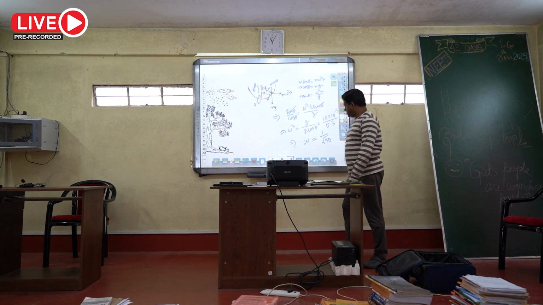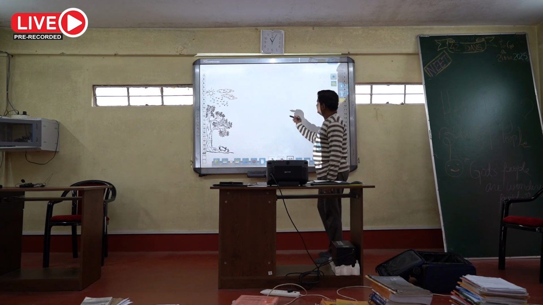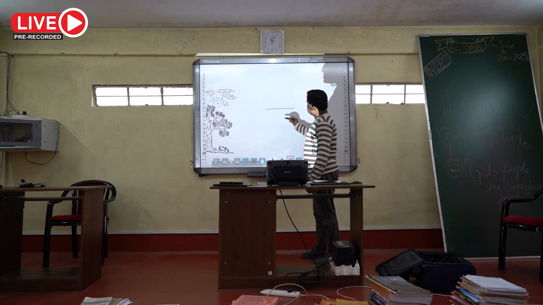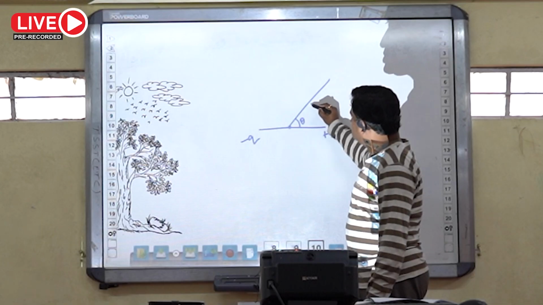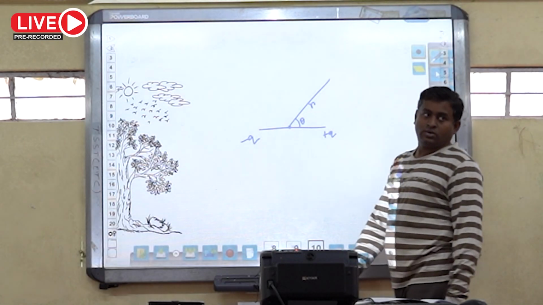See. Suppose this one is a dipole, minus q plus q. This is the center, this is at an arbitrary distance, theta, this one is r. Okay.